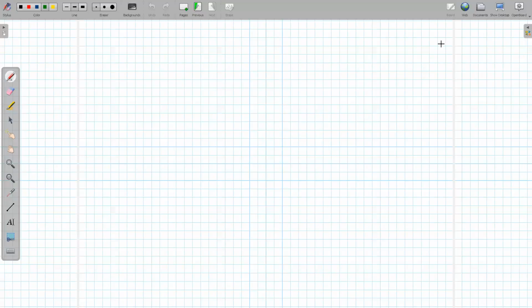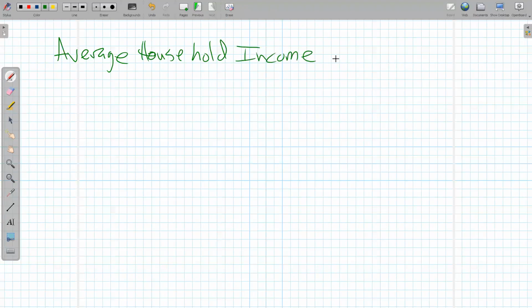So I looked up some data earlier on the average household income in the US. I found information about 2019, and they claimed from their survey, X bar was 68,703.